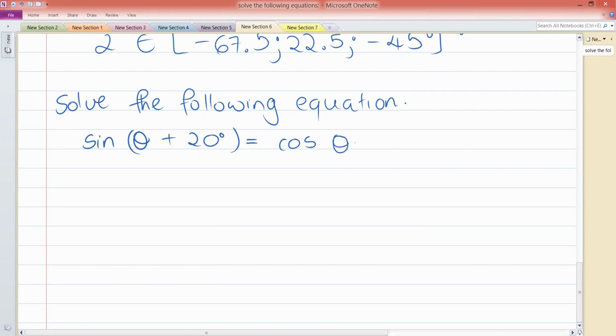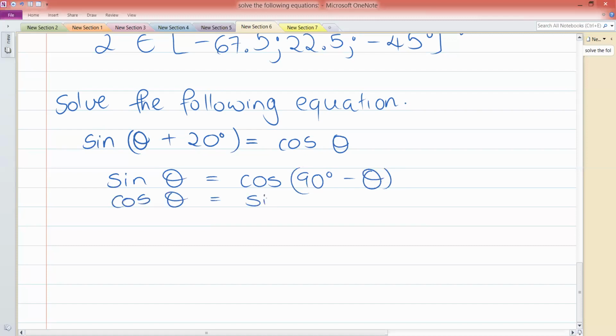Remember, we said we're going to use co-ratios, or complementary ratios. If you have sine theta, you could change that to cos of 90 degrees minus theta. If you had cos theta, you could change that to sine of 90 degrees minus theta.